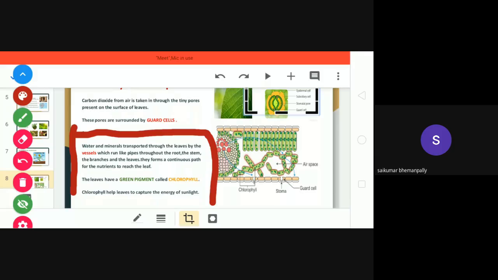Children, our body contains a number of nerves, right? We learned in 5th standard different types of nerves. Our sense organs send a message to the brain with the help of sensory nerves, and the brain analyzes the message and replies to the body parts with the help of motor nerves, right?